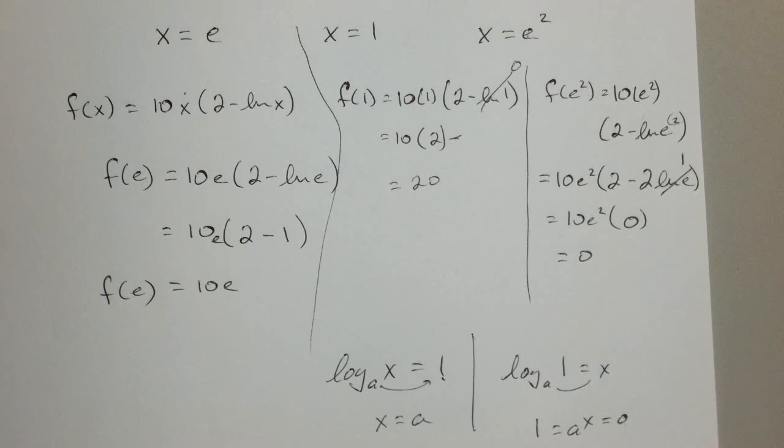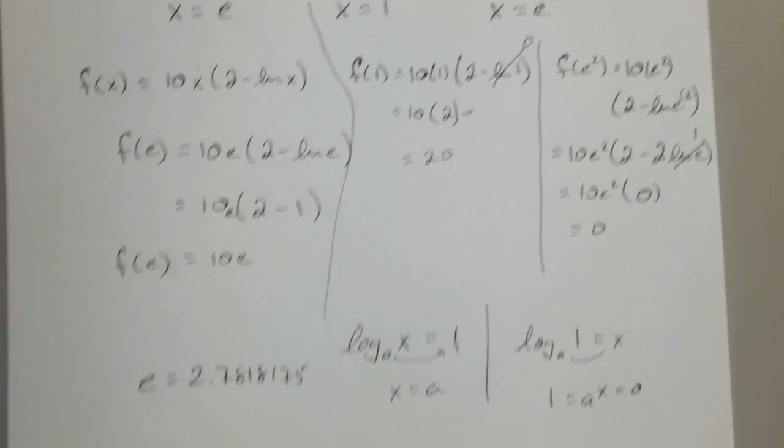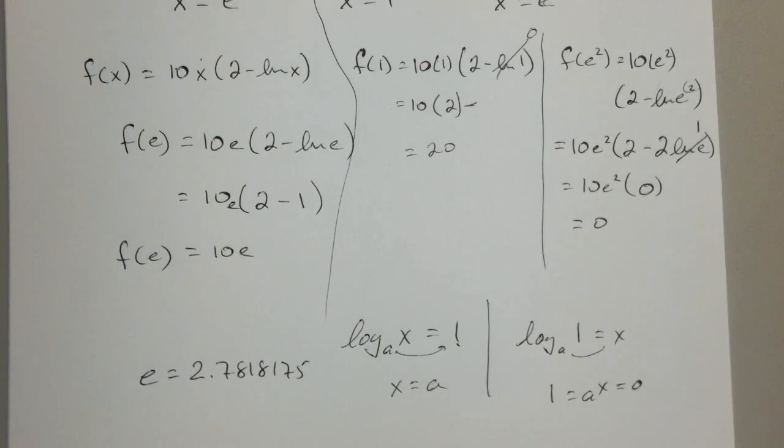So do we have an obvious winner? What's the maximum? What is the value of e? It's 2.7 something.